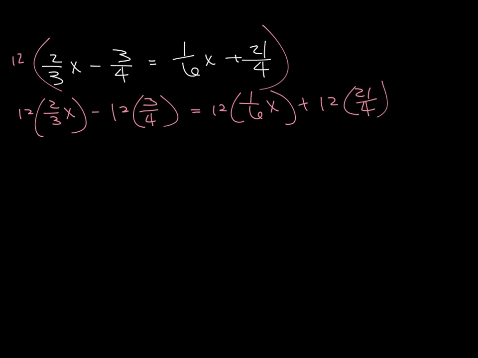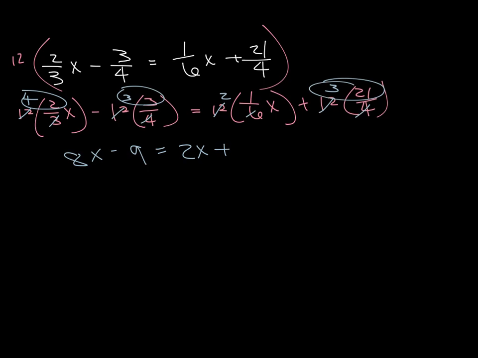Okay, now we'll just start canceling. So we'll do that and get a 4, that and get a 3, that and get a 2, that and get a 3. So let's go ahead and get 8x minus 9 equals 2x plus 63.